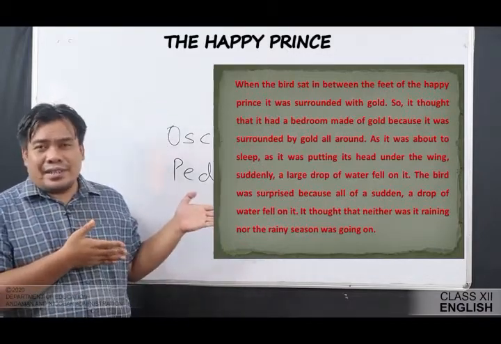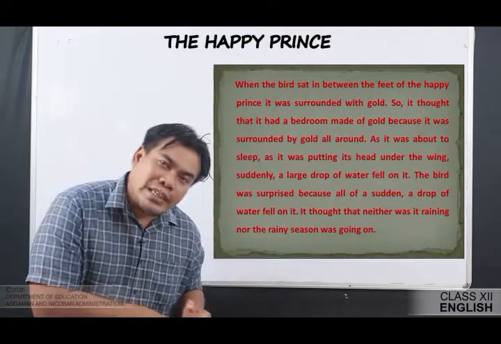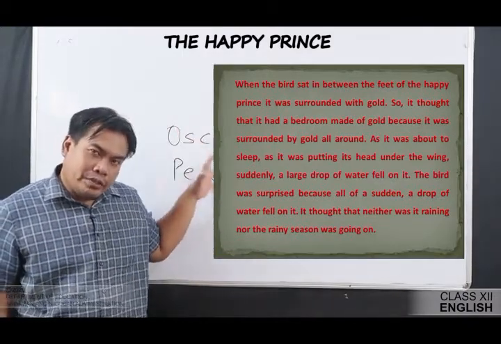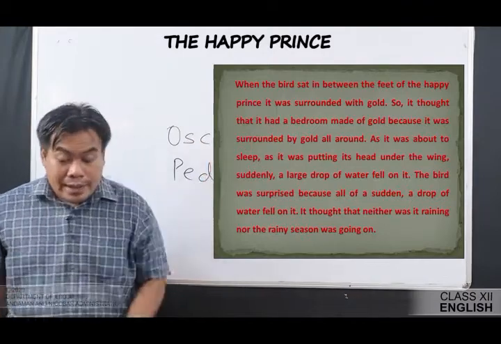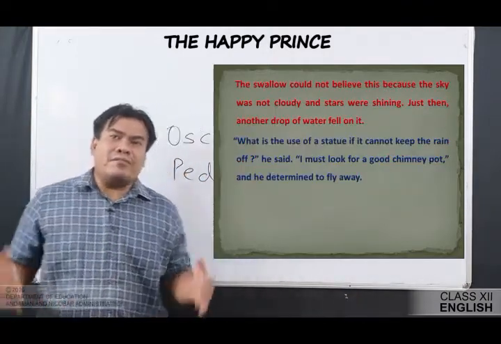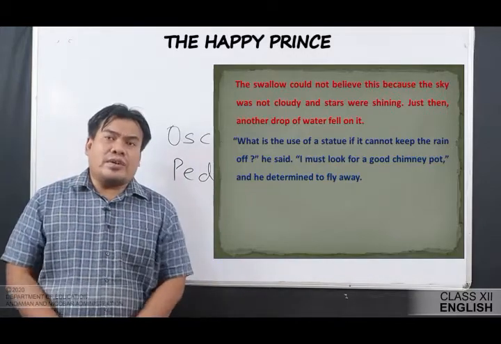This is just the repetition of the same explanation which I have already given to you, but make sure that you are understanding line by line. The swallow could not believe this because the sky was not cloudy and stars were shining.